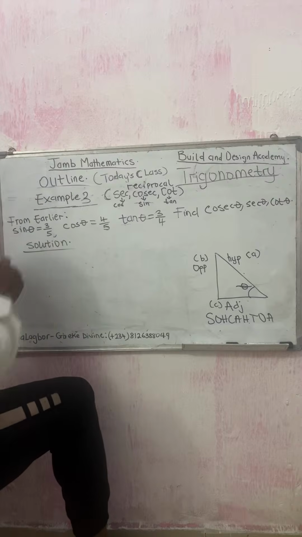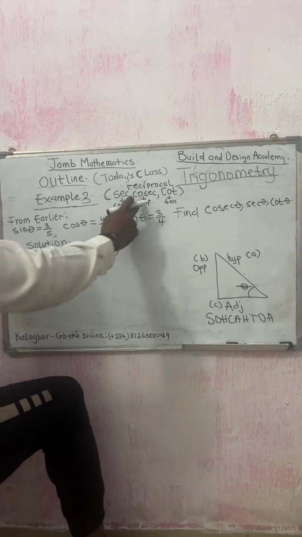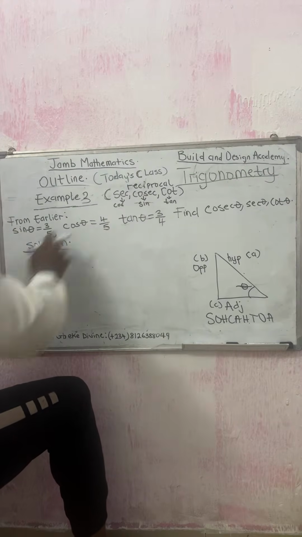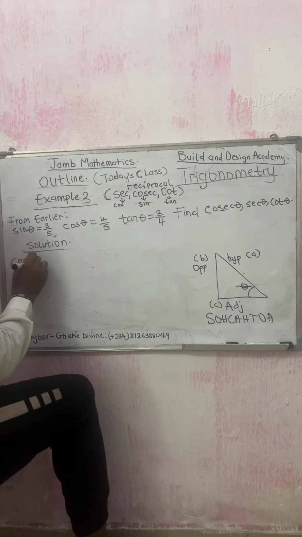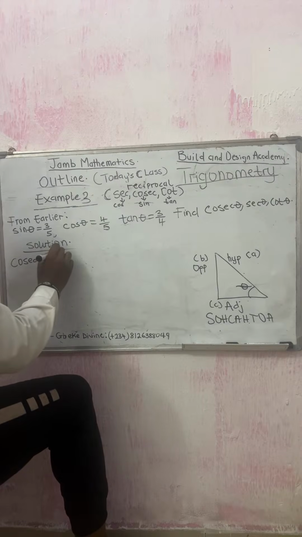Since we know that it's a reciprocal, for cosec, we said cosec is for sine. The inverse of sine is cosec. So we just write that cosec theta is equal to 1 over sine theta.